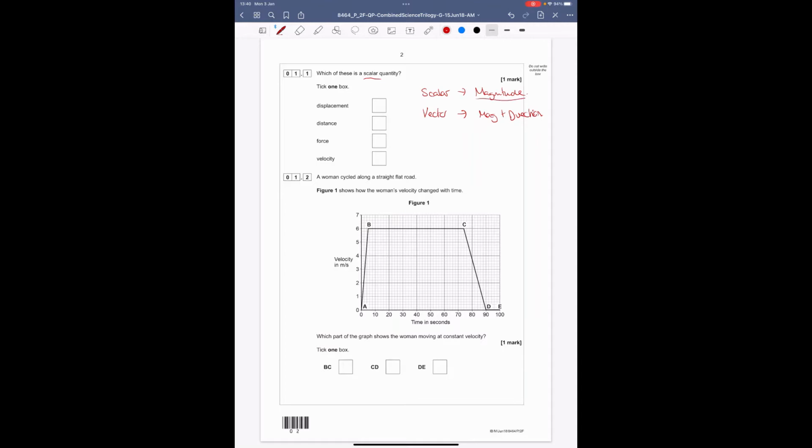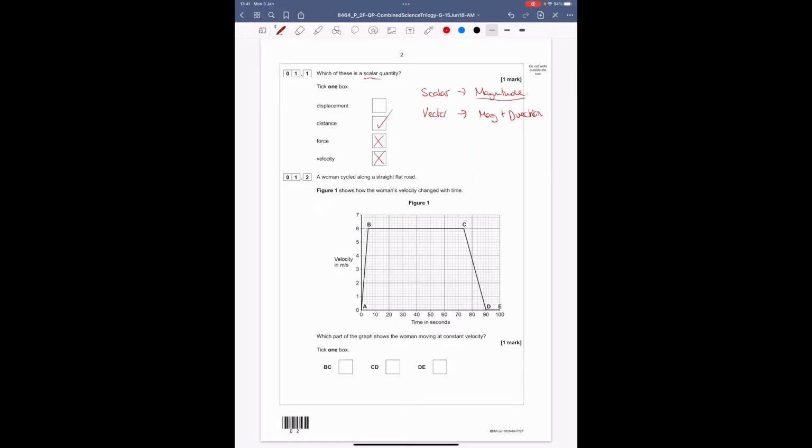So if we start looking at them, velocity is speed with a direction, so it's not that one. Force, if you're pushing something, you're pushing something in a direction, so it's not that. Distance, well, if you've got a distance, it's not necessarily going in a certain direction, it's just an amount of how much you've travelled.